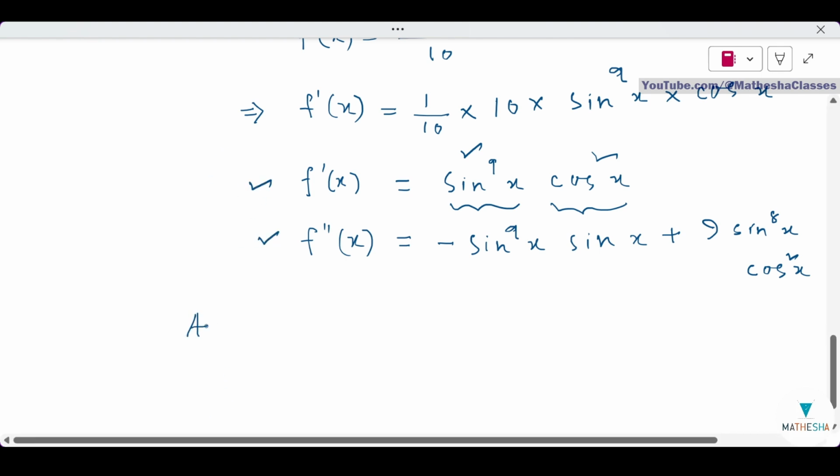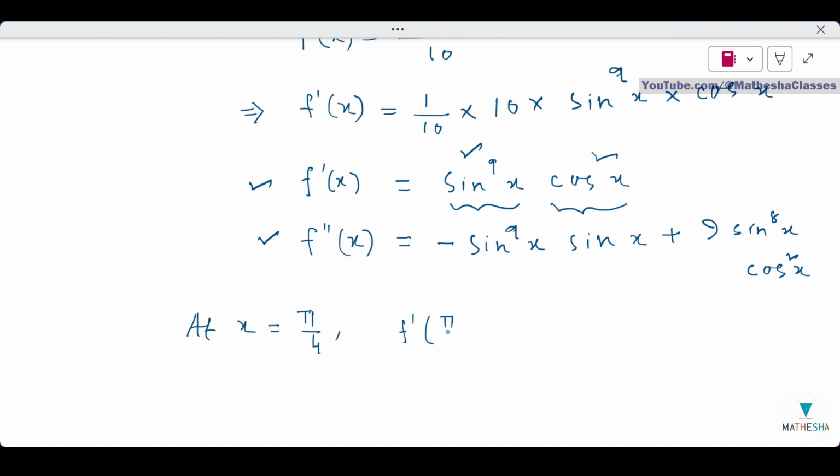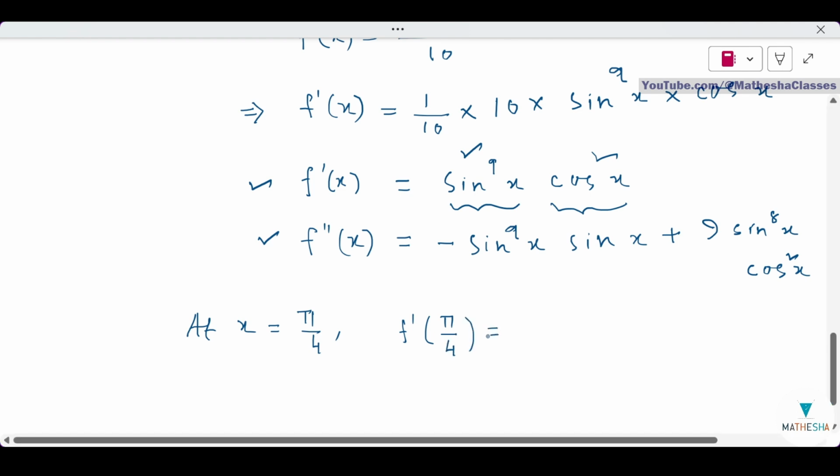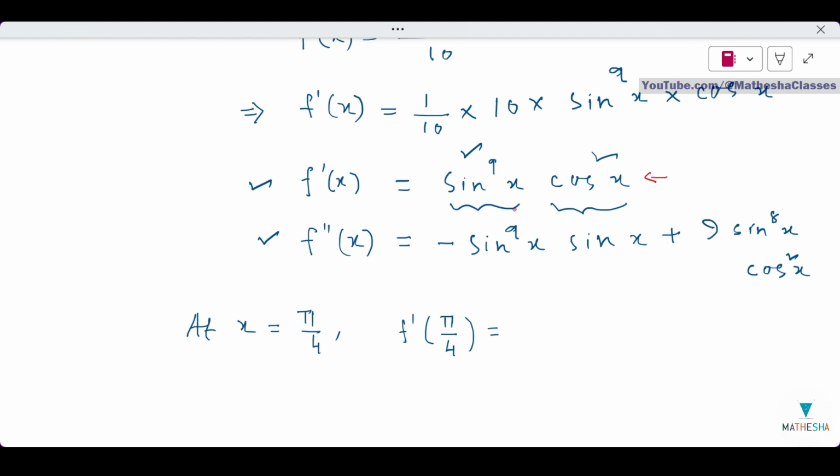You have to find their values at x equal to pi by 4. So at x equal to pi by 4, what will be f'(x)? Or let us simply write, what will be f'(pi by 4) if you put pi by 4 in place of x here. sin pi by 4 will be 1 by root 2, so is cos pi by 4.